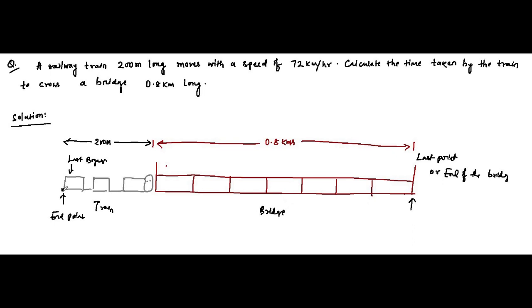So this point has to cover the total 0.8 kilometers or 800 meters, plus the length of the train, that is from here to here, it has to cover again this much distance. So the final position of crossing of the bridge will be something like this.